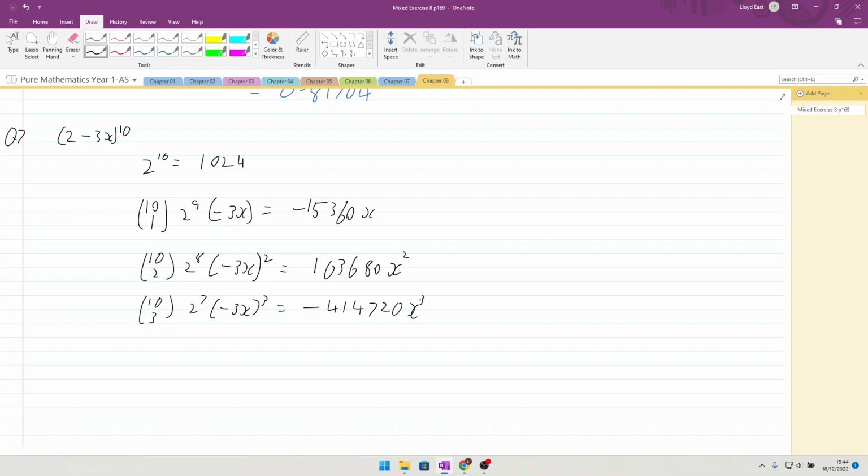And then we want to use it to find 1.97 to the power 10. Give your answer to 2 decimal places.